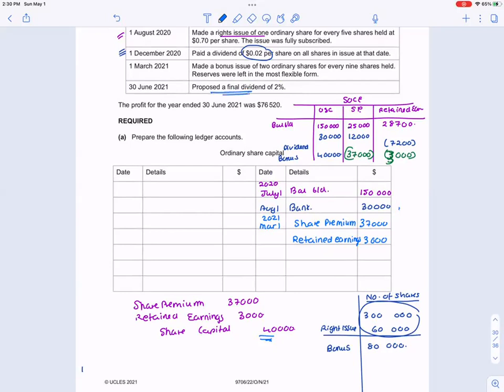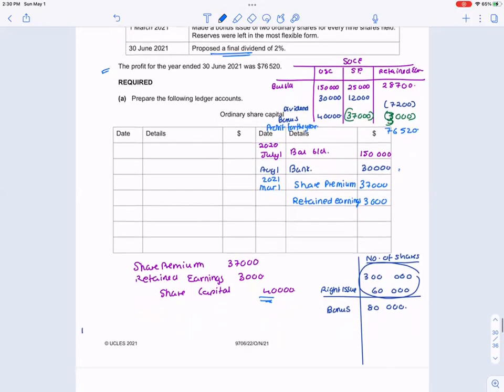Final dividend has nothing to do with this, because I'm proposing it this year and I'll pay next year. In statement of changes in equity, we write the profit for the year, 76,520. Are you all with me? So, miss, this is after we find the total. It can be anywhere. Okay, but normally it is transferred on the last date.